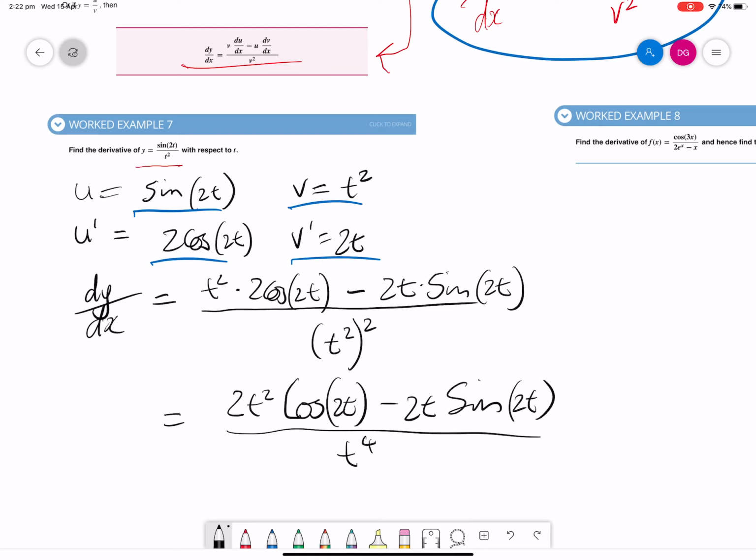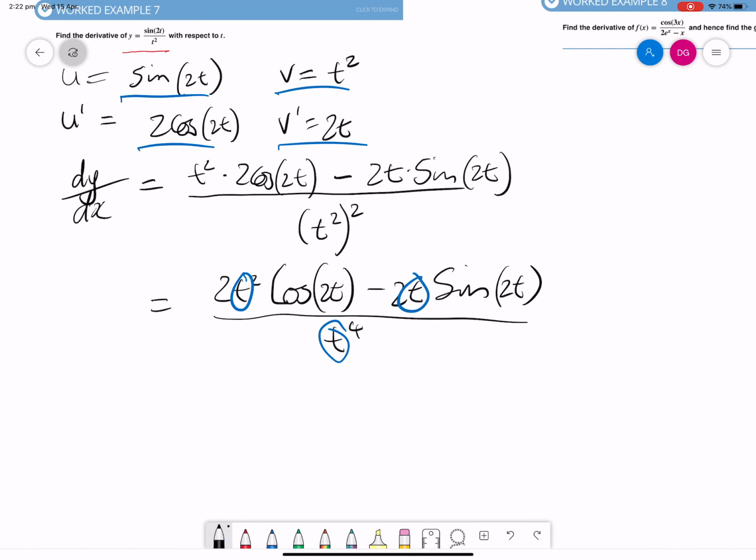Okay, so now we can see that t is a common factor at the top, and obviously it is a factor on the bottom. So I'm just going to pull that common factor out the front.